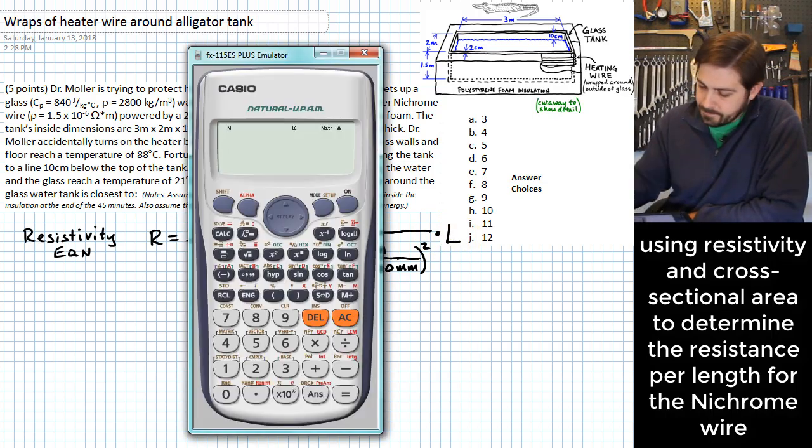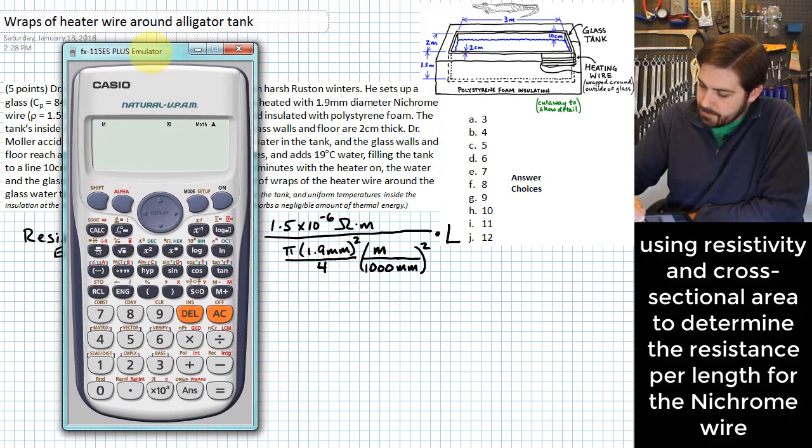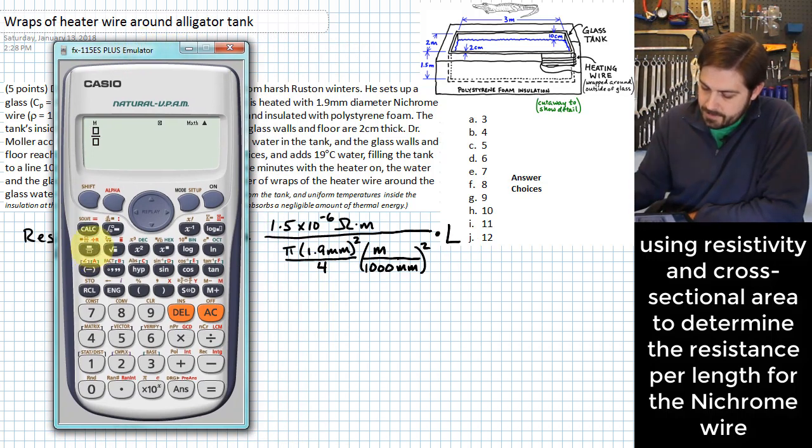Okay, so let me put these things in here. I have a fraction, 1.5 times 10 to the minus 6, up there in the numerator. Down in the denominator I have another fraction where I have pi, 1.9, I need to multiply explicitly, 1.9 squared and divide by 4.